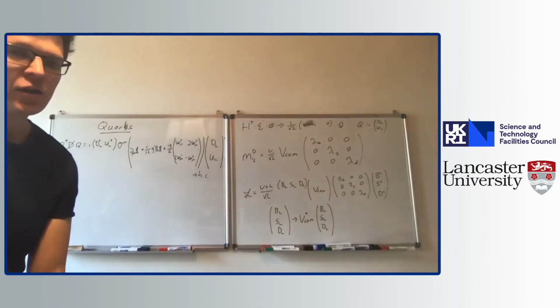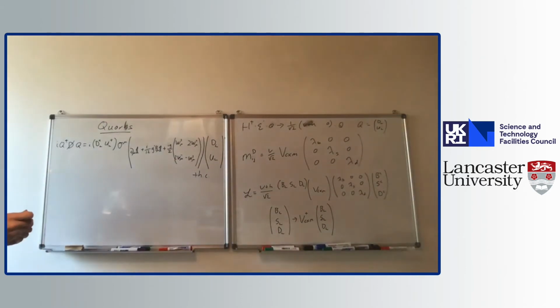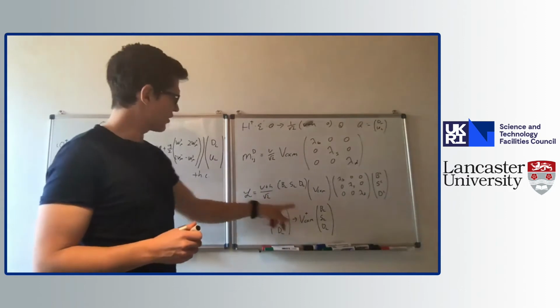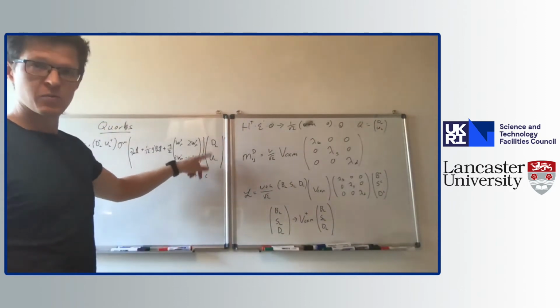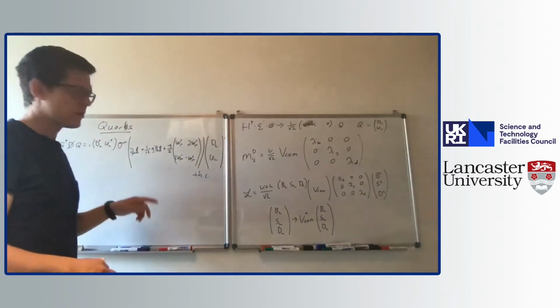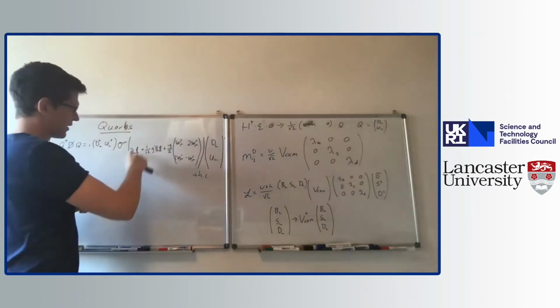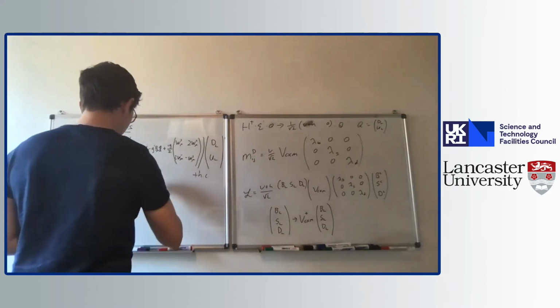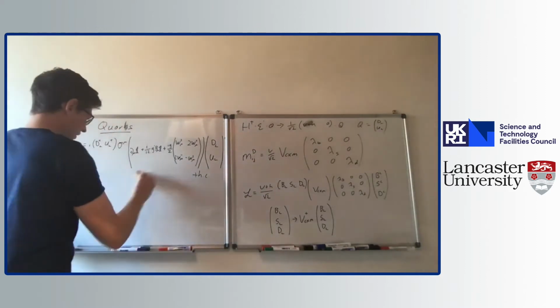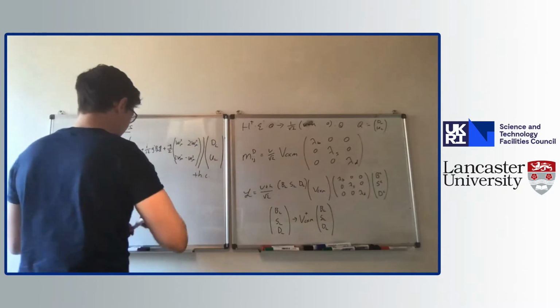Okay. So now let's consider what happens when we do this rotation just on the down component of this 2x2 matrix. This is a big matrix, and let's just write it in red.